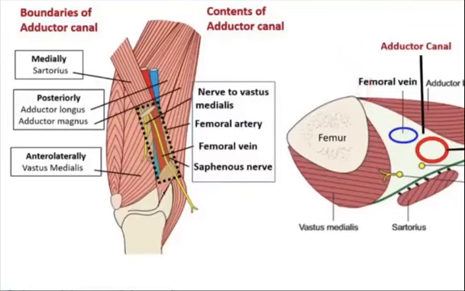You can correct me if I am wrong. The adductor hiatus is actually in the adductor magnus, where the femoral artery dips down to the back, just above the popliteal fossa, where the femoral artery becomes the popliteal artery. So it should be at the junction of the upper 2/3 and lower 1/3.